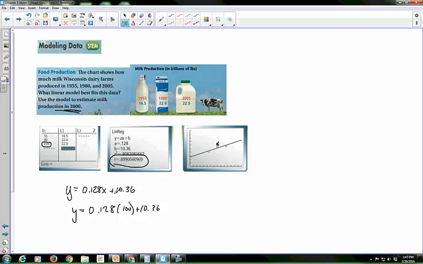And then that's just a simple calculator check, and I have probably the most basic calculator there is in the world. 0.128 times 100 is 12.8 plus 10.36 is 23.16. So y equals 23.16 billions of pounds.